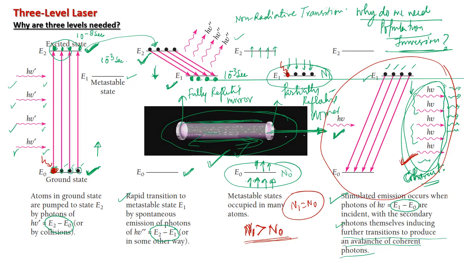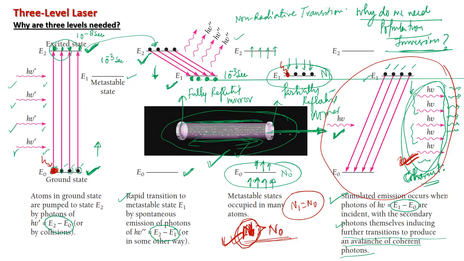This is possible only when we have more atoms in the metastable state, so that there is more probability that the photon hits atoms in the metastable state, and we get more and more photons in the final state through stimulated emission than the number of photons destroyed by being absorbed by the atoms in the ground state.